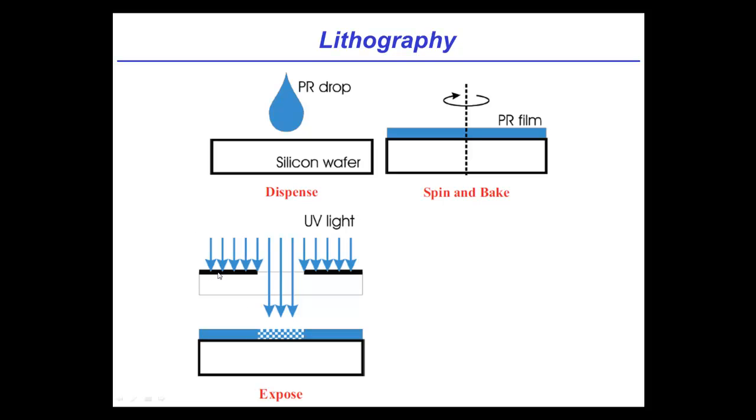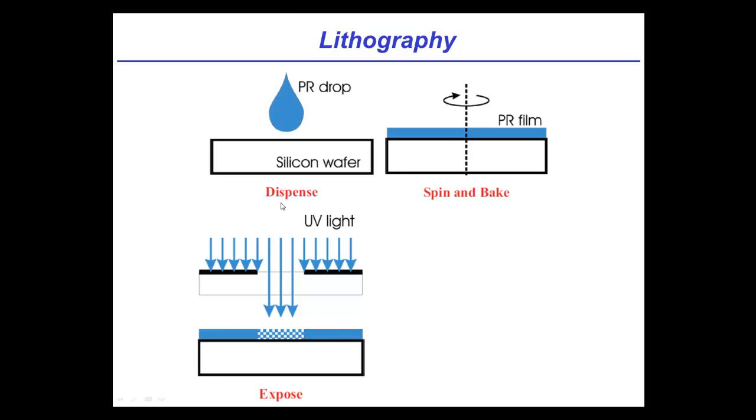The light gets blocked in the regions where I have the chrome, but passes through in the regions that have the opening. The result is, if I look at the photoresist under the mask, the regions under the opening receive light. The regions that are blocked by the chrome do not. Now this is where we get to the key property of photoresist. As Michelle said, photoresist is a polymer.